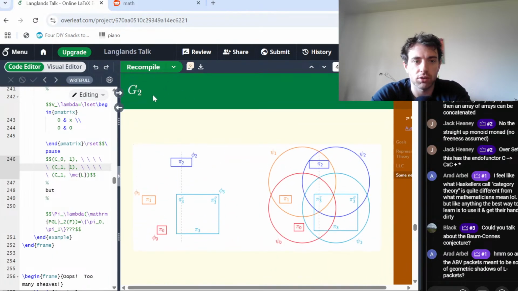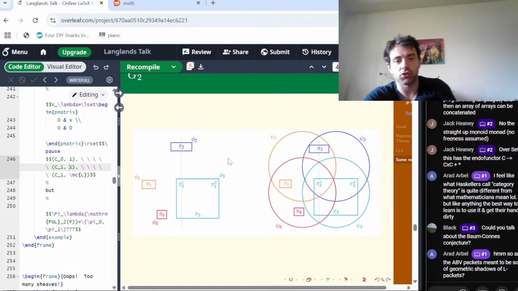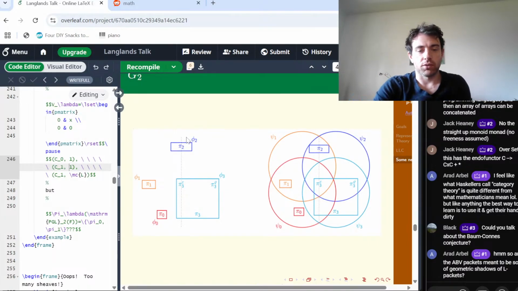This is for the group G2, p-adic G2. So this is one example. For a particular choice of infinitesimal parameter, here's an example where we have 4 Langlands parameters: phi naught, phi 1, phi 2, and phi 3.